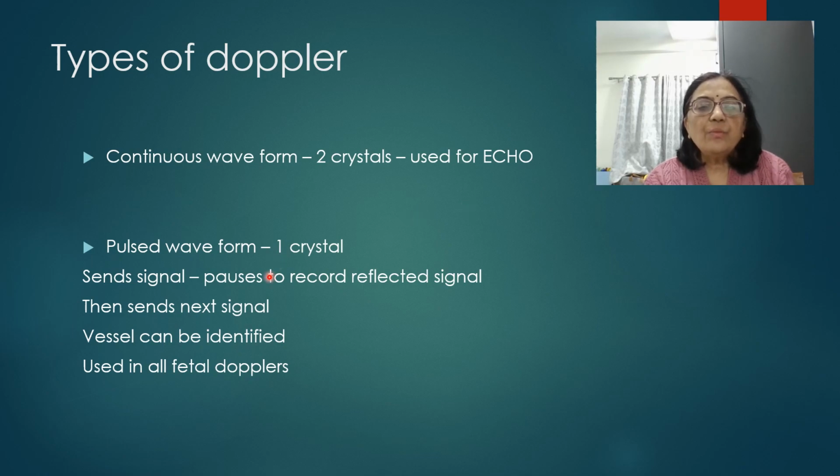Whereas in pulse waveform, there is only one crystal. It sends the signal, pauses to record the reflected signal, and then sends the next signal. So it is like a pulse. Now the main difference is that here we can identify an individual vessel, and that is why pulse waveform is commonly used whenever we are doing a fetal Doppler.